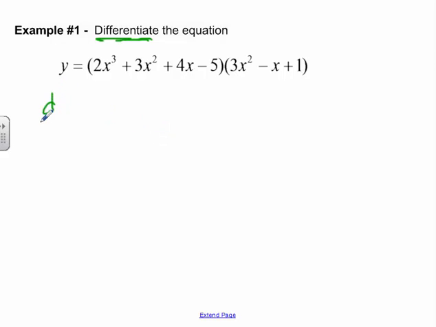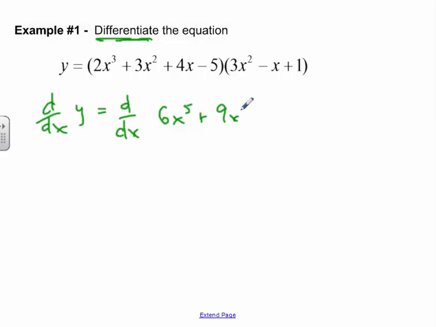So really what I'm asking you to do is take the derivative of this equation. I don't want to write all that stuff again, so I'm just going to say I'm taking the derivative of that, which really means taking the derivative of this after you distribute. That gives you 6x to the 5, 9x to the 4, minus 4x squared. Oh, hang on, I'm not doing this systematically. I should fix that.